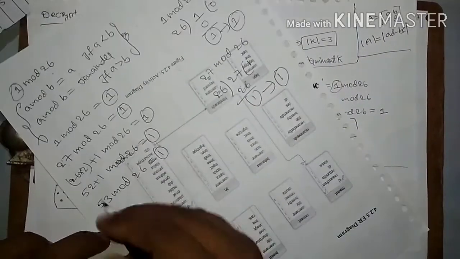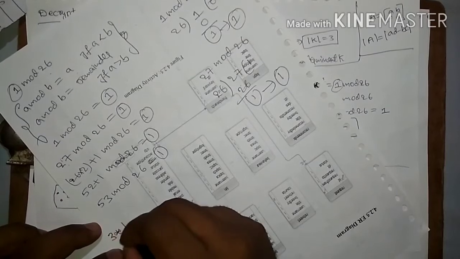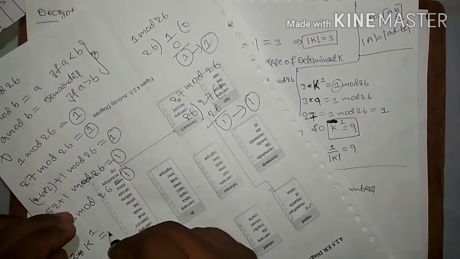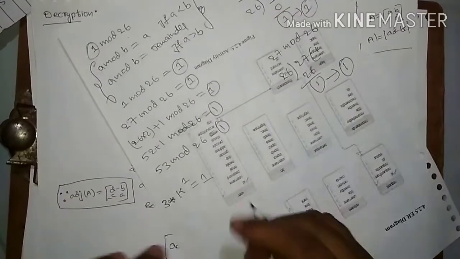But here we have to choose 3 into k dash equals 1.